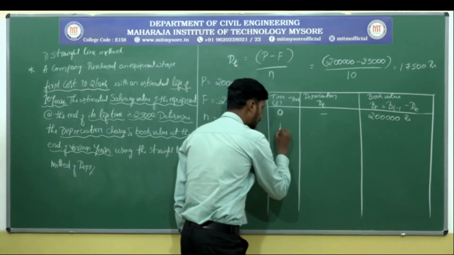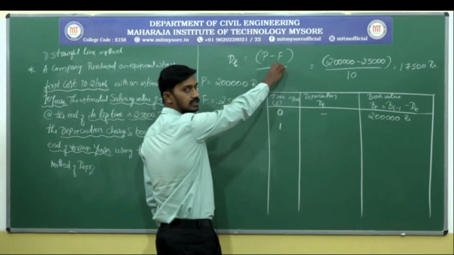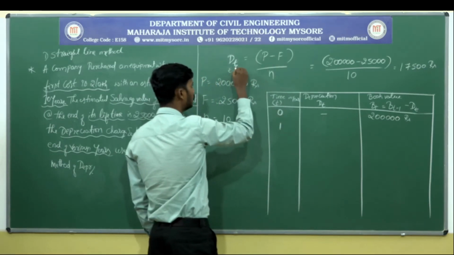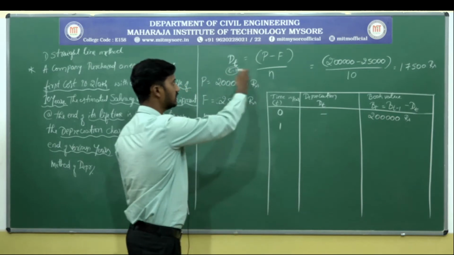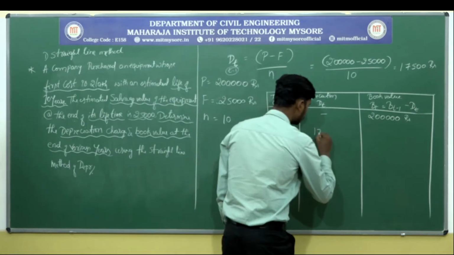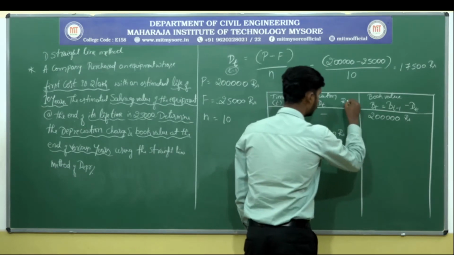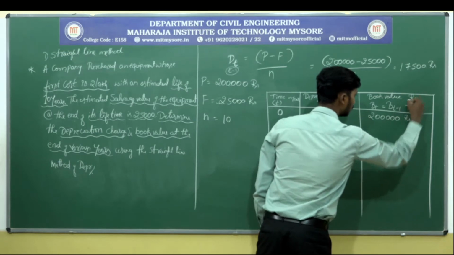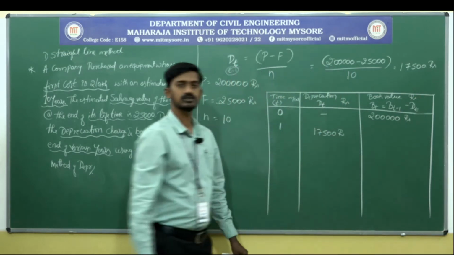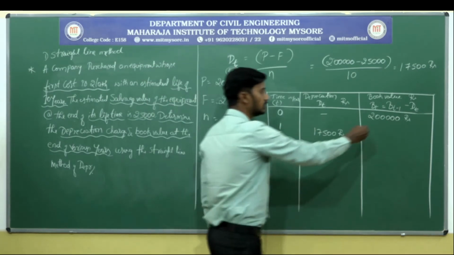Next, if you move on to the first year, consider t is equal to 1 here. In the first year, what was the depreciation you found? 17,500 rupees.